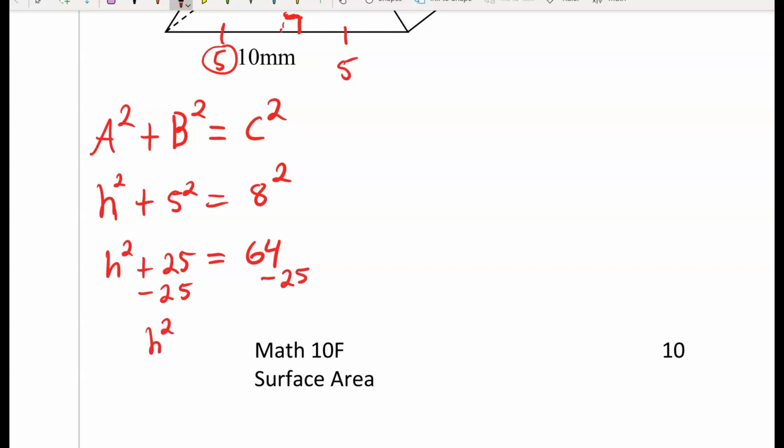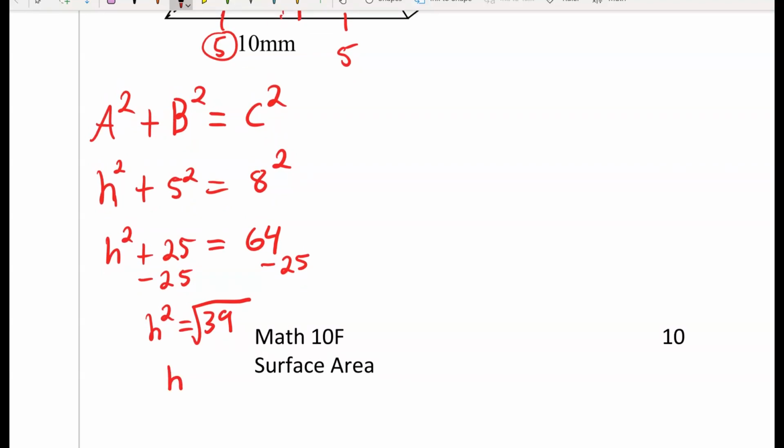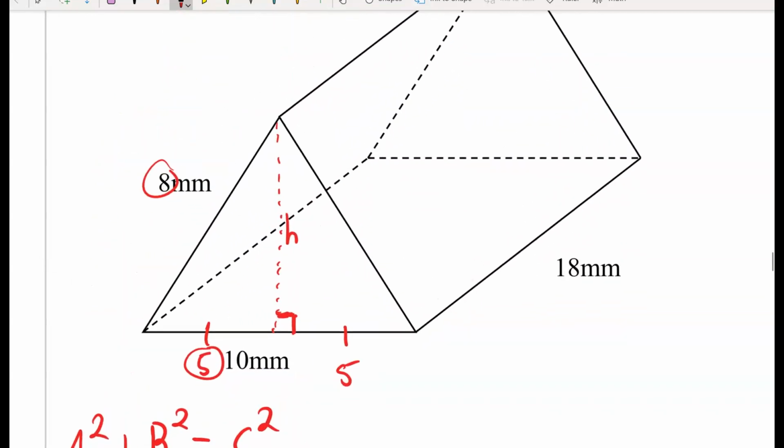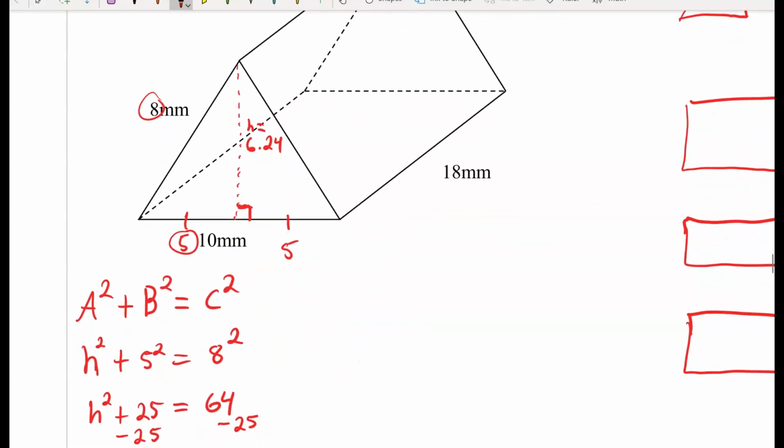So we get h squared by itself equals 64 minus 25, which is 39. Then we find the root of 39 to get h, which equals 6.24. So now we can go back up here, and instead of h, we have 6.24. I'll put h equals 6.24 just so we know where that number came from.